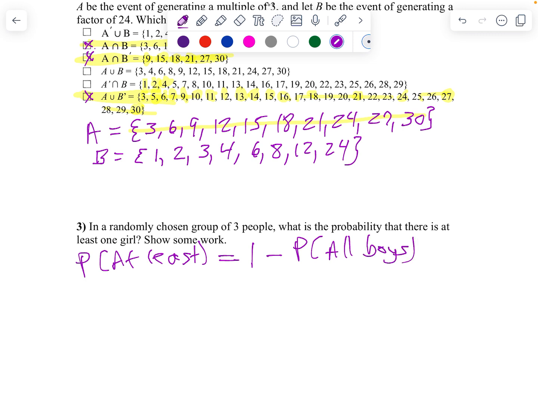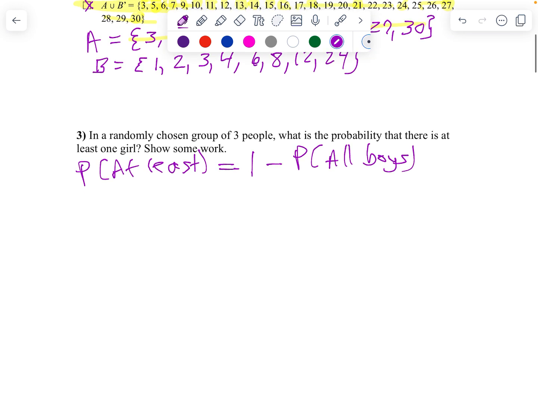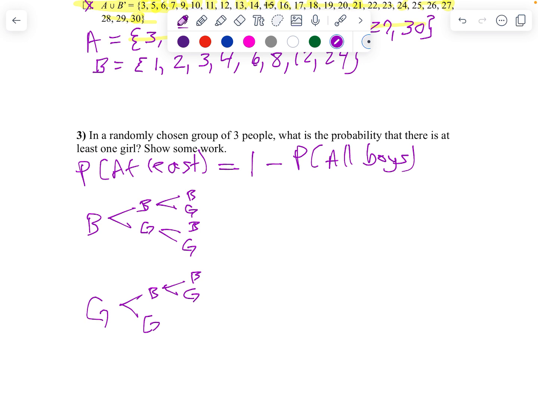I guess I could make a tree diagram here also if I look at it this way, because my first child could be a boy or a girl, my second child could be a boy or a girl, and my third child could be a boy or a girl. And notice every single strand except one has a girl in it, doesn't it?